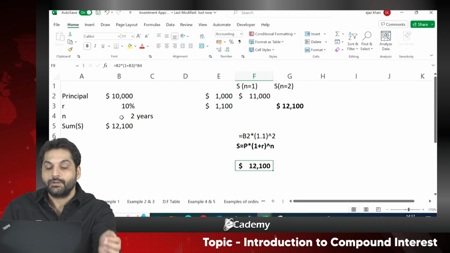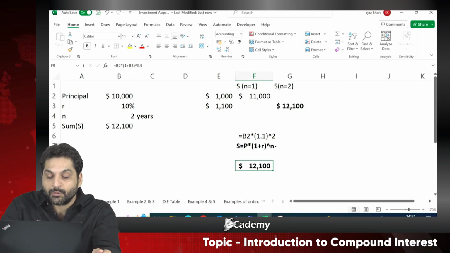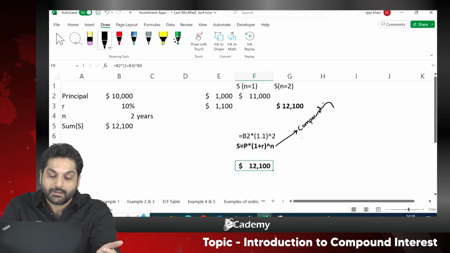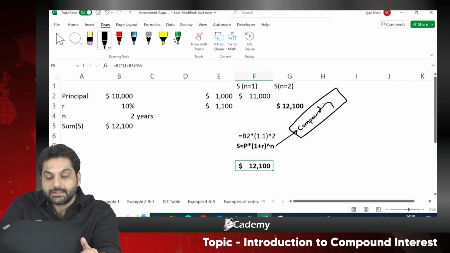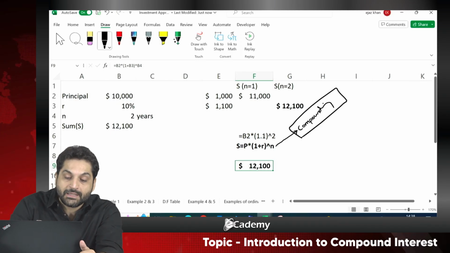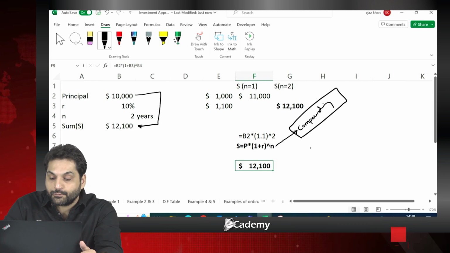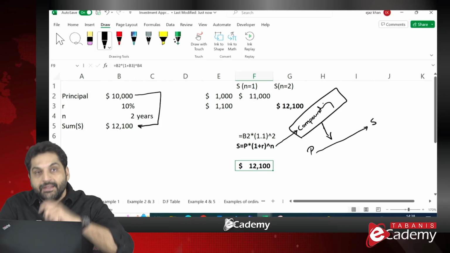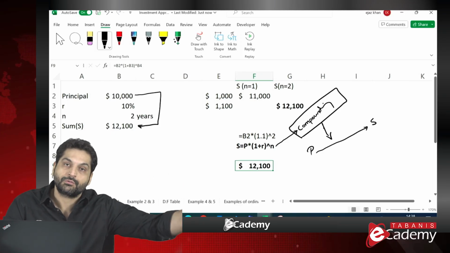So from now onwards, whenever you have to do compounding and you need to find out a future value of an amount, this is going to be the formula, and this formula is a formula for compounding. So what is compounding? Compounding is basically when you know P and you want to find S. So from P to S, the process is called compounding. That is adding the interest every year to find out a future value.